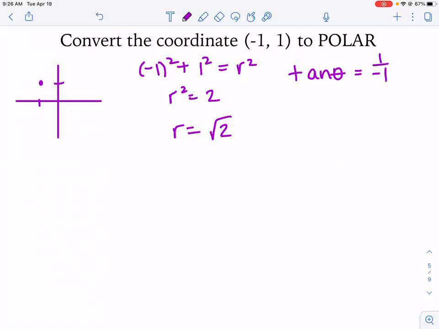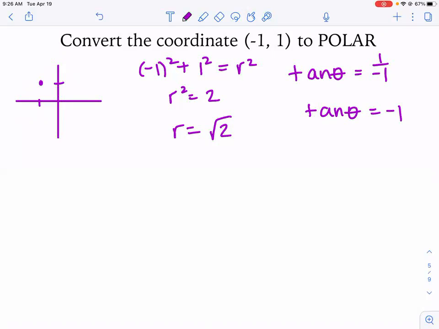The tangent of theta equals y/x. So we have the tangent of theta equals -1. Now, number 1, we're not using our calculator. Number 2, there's 2 different places on the unit circle where this happens. We have to make sure that we choose the correct one.